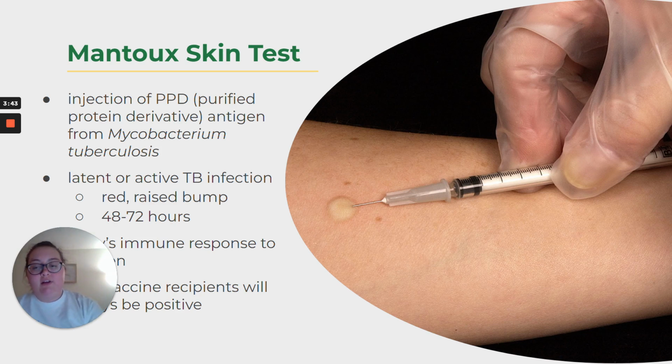However, if anyone has received the BCG vaccine, which is typically given in foreign countries outside the US, this skin test will always come up positive. So it cannot be used for people who have been given the BCG vaccine because it will be inaccurate. It will just always show a positive reaction.